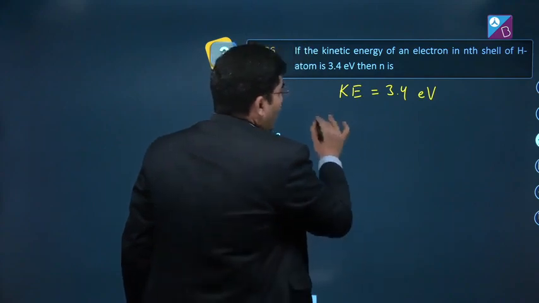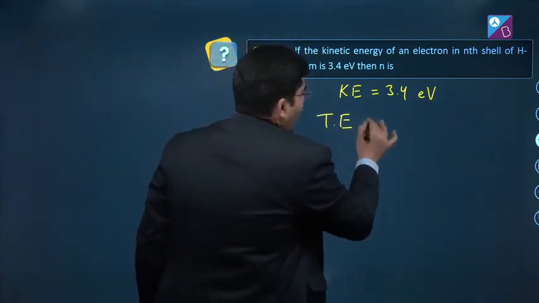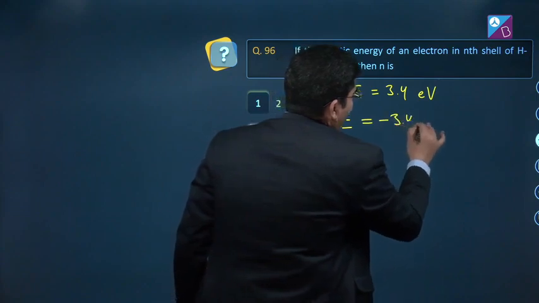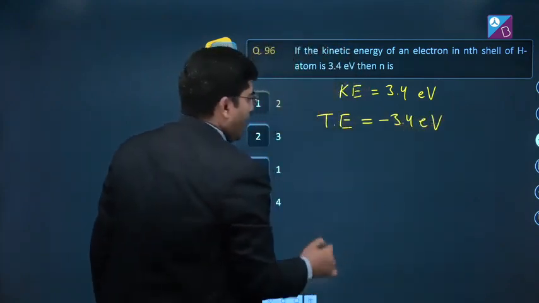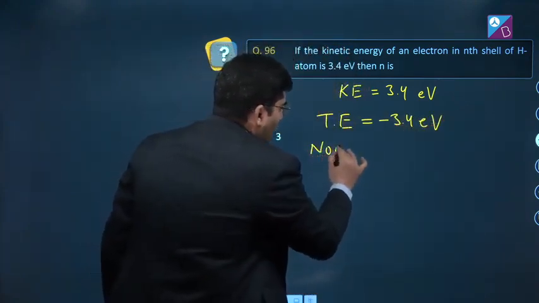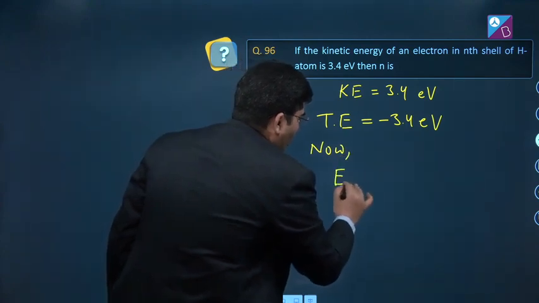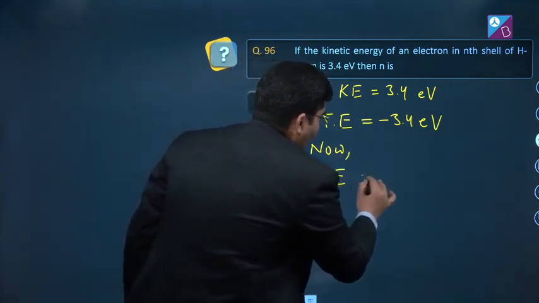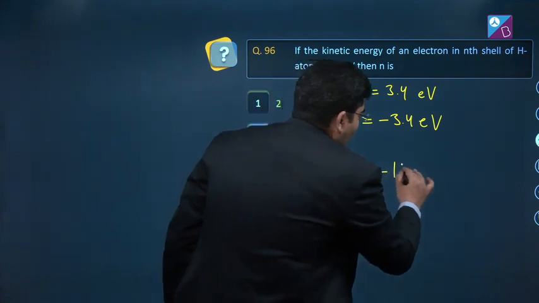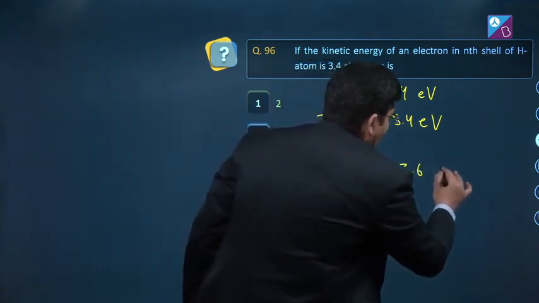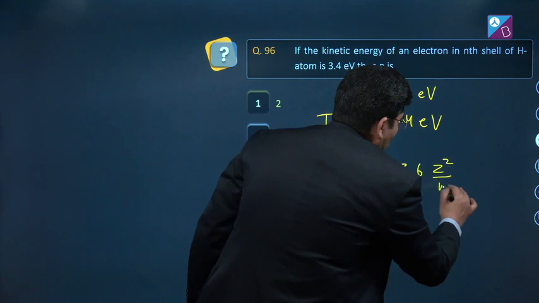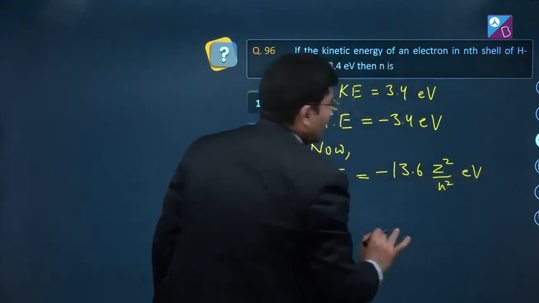If we talk about total energy, it will be minus 3.4 electron volt, and we know that formula of total energy is equal to minus 13.6 Z square by N square electron volt, right.